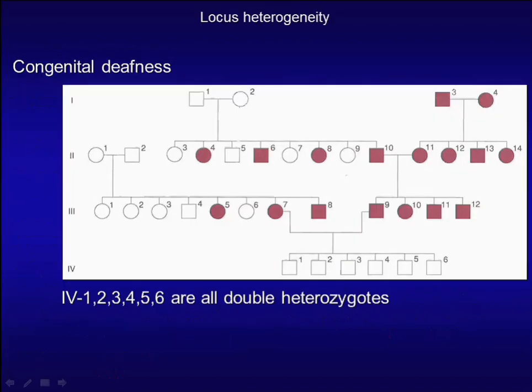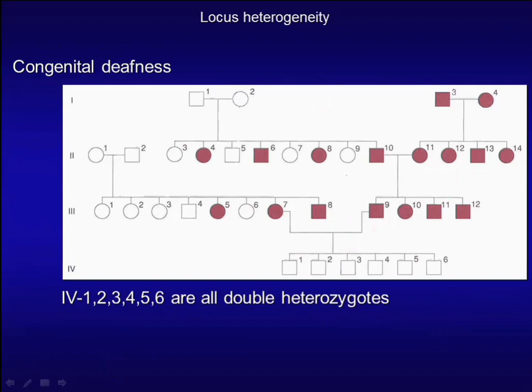Results from mating in the first 2 generations indicate congenital deafness follows autosomal recessive inheritance. Results from mating in the 3rd generation are different from what is expected from autosomal recessive inheritance.